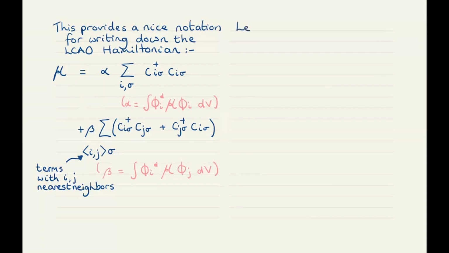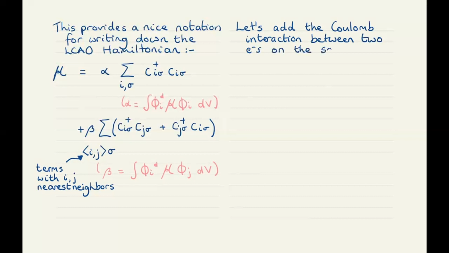So we'll include the Coulomb interaction between two electrons on the same site, or orbital, if you prefer to think in an atomic orbital picture.